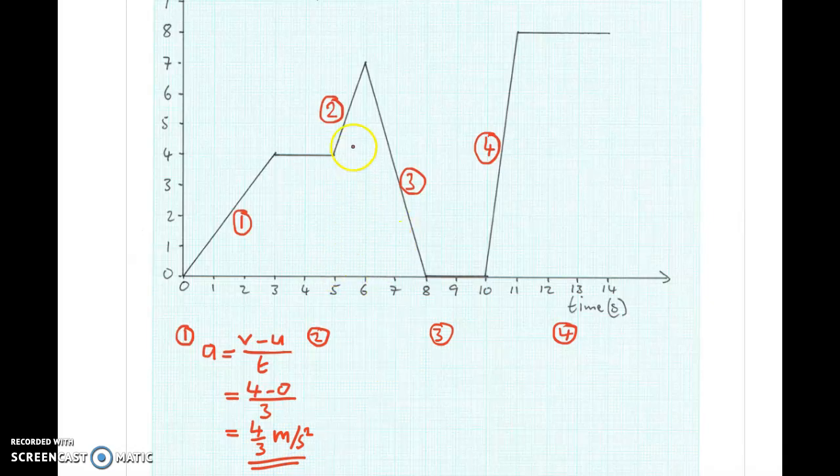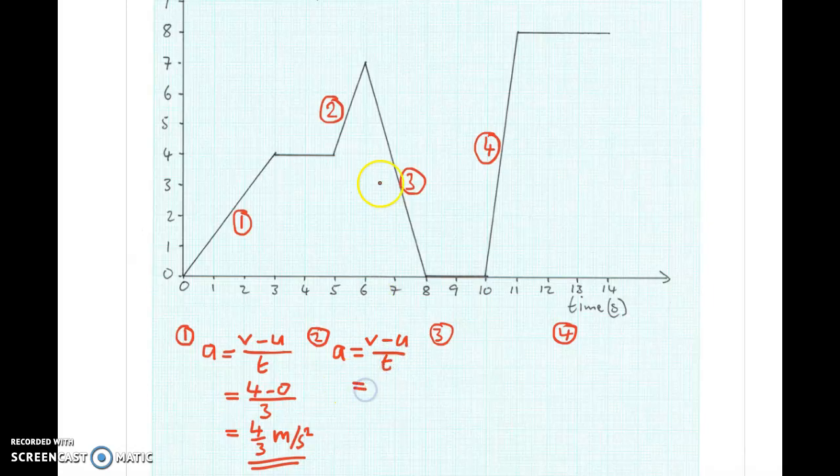Let's have a look at acceleration 2. It's increasing from 4 meters per second up to 7 meters per second. Again, put the formula. A equals final velocity minus initial velocity over the time.